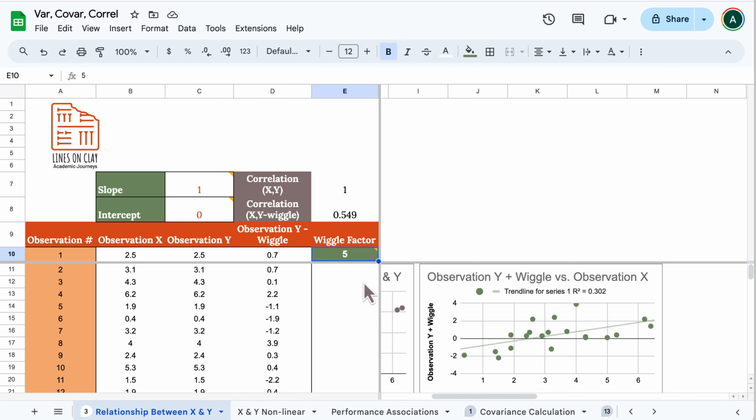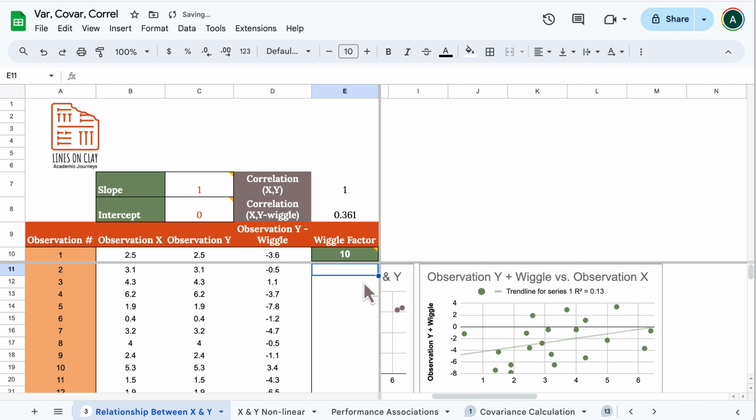If I take that wiggle factor higher and higher, this line that is supposed to best represent the data becomes less and less good of an explanation, less and less good of a fit for the linear connection between these data. Clearly, when X is going up, it still seems like Y tends to go up, but it's just nowhere near as good of a relationship.